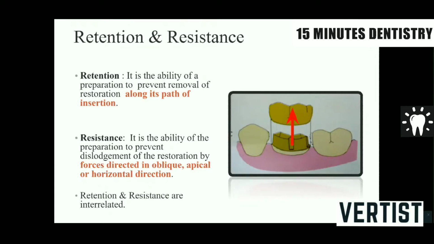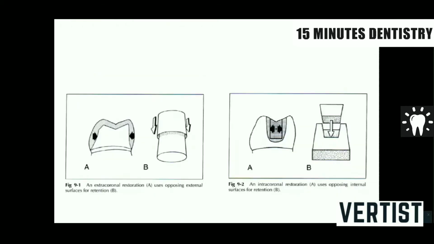Retention and resistance are both interrelated. Whenever we are giving an extracoronal restoration, there is use of the external surfaces of the tooth to obtain retention. Likewise, when we are using an intracoronal restoration, there is use of the internal walls of the tooth for retention.